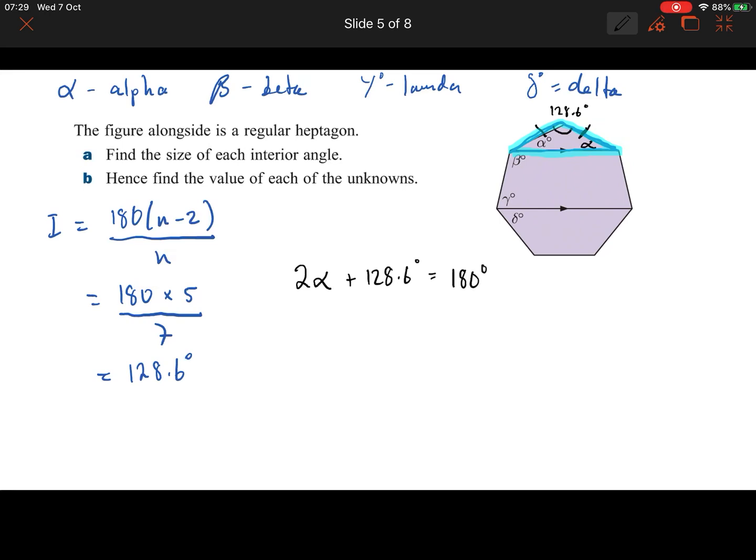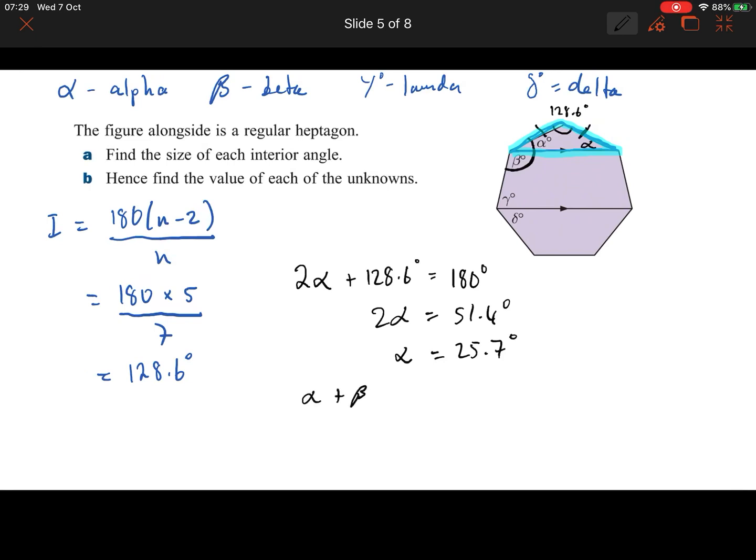the interior sum of a triangle. So 2 alpha equals, let's just use a calculator, 51.4 degrees. And so alpha equals, let's divide that by 2, 25.7 degrees. Okay, that's alpha. And I also know that alpha plus beta makes one of the interior angles.